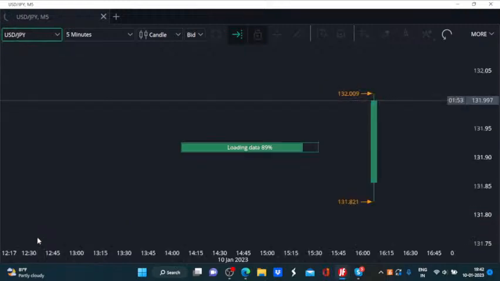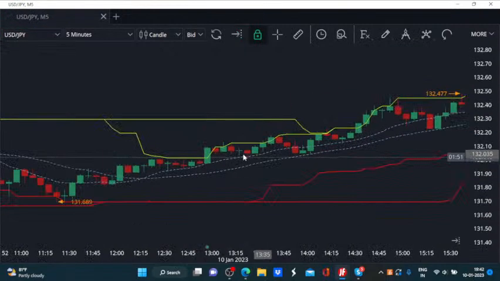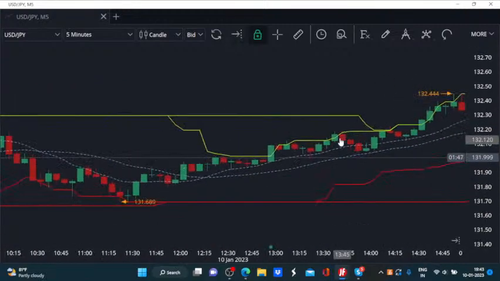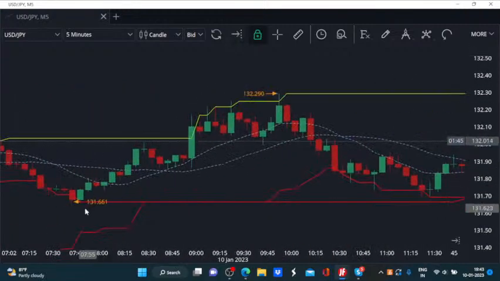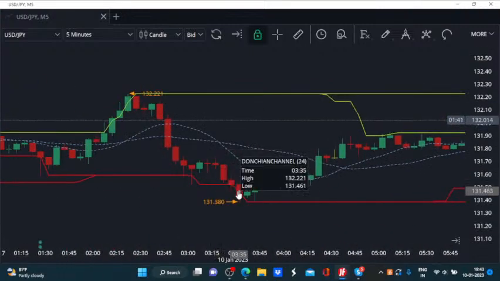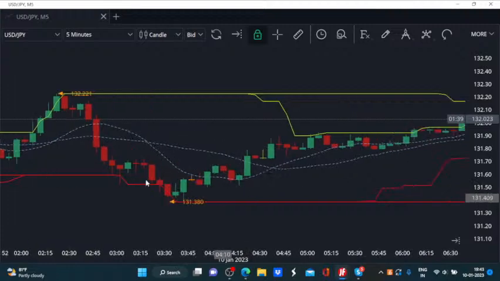Now let's look at the USD JPY. USD JPY has also traded in a narrow range with the prior 4 hourly low coming in quite early, just like the case of AUD USD.